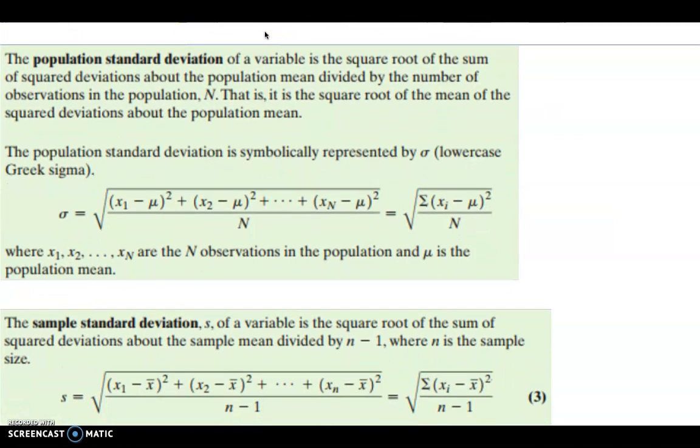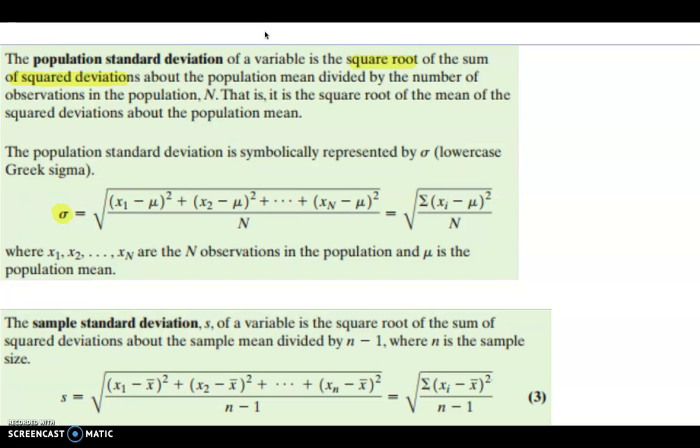So now we talk about how we're going to find what's called the standard deviation. We have the population standard deviation and then the sample standard deviation. The population standard deviation is the Greek letter sigma. It is the square root of the sum of the squares of the deviations about the population mean, divided by the number in the population.